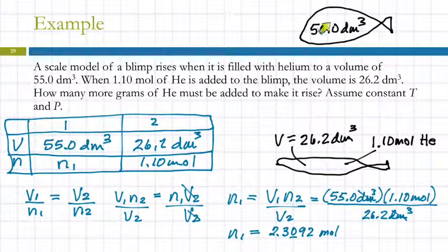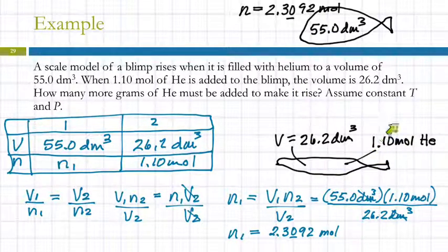That's the moles of helium present in the blimp when it's floating at this volume. So what we found was N equals 2.3092 moles of helium. Down here, we've got 1.1 mole. It's asking how many more grams must be added. This isn't our answer. We need to find out how much to add.